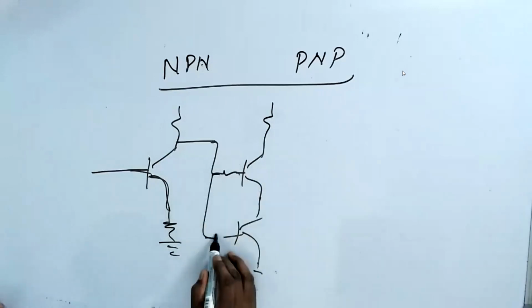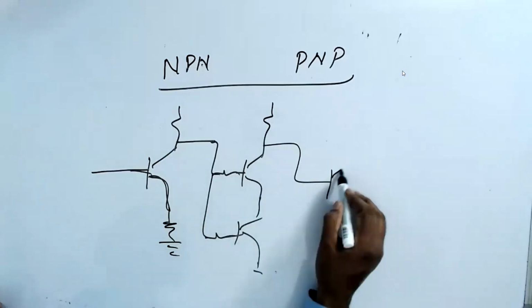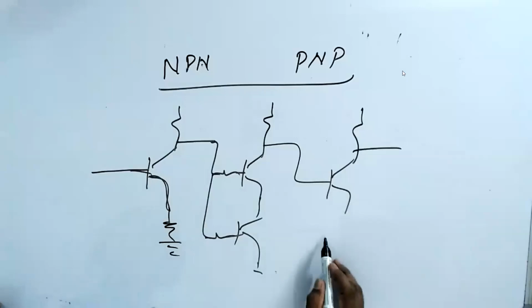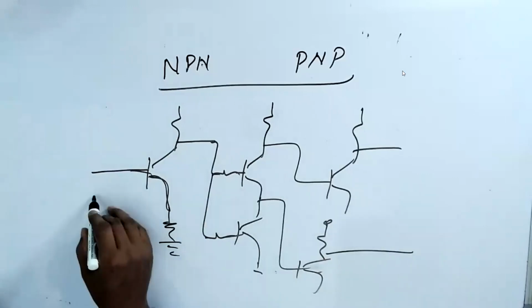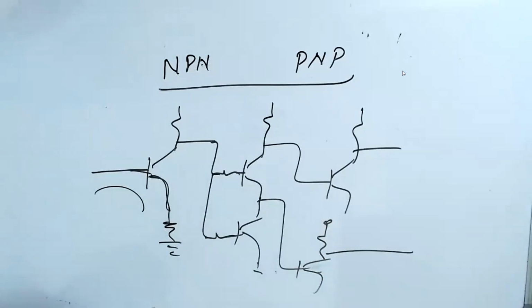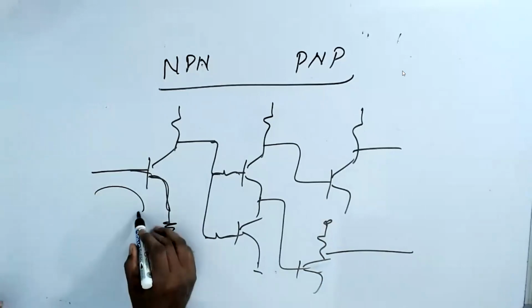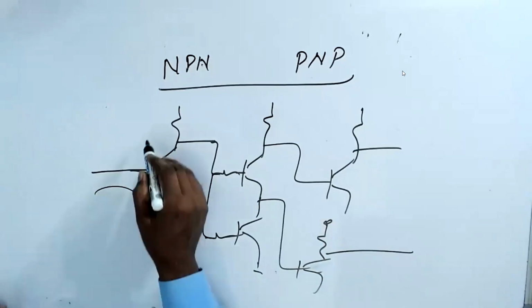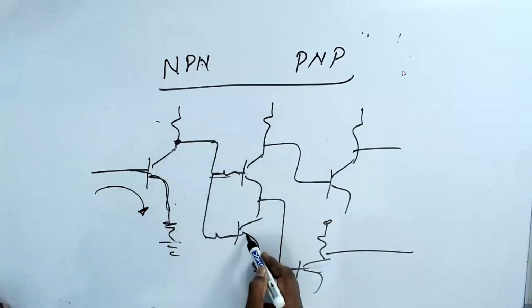I'm just drawing it to give you some important points. The trick here is this current controls this current, and you get a voltage. This guy controls this.